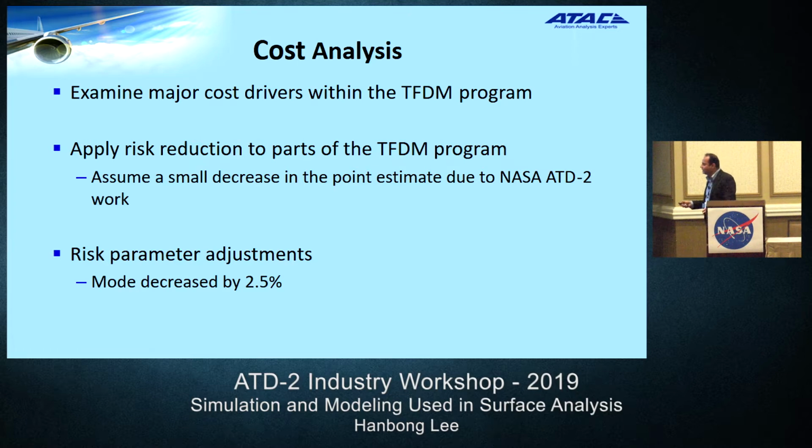Based on their assessment, the risk parameter in their estimation of the cost can be adjusted downwards. That led to a decrease of 2.5% in the mode of the cost estimate. That's the metric that they use for estimating the cost of a program. So we found that because ATD-2 has done a lot of groundwork, the FAA might be able to save 2.5% of its TFDM program costs.